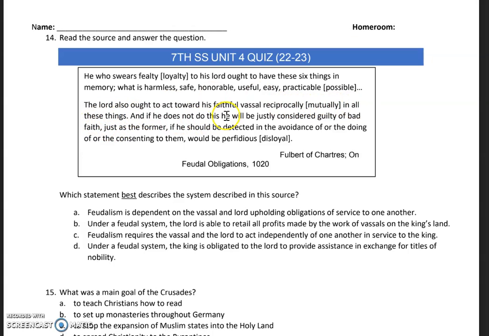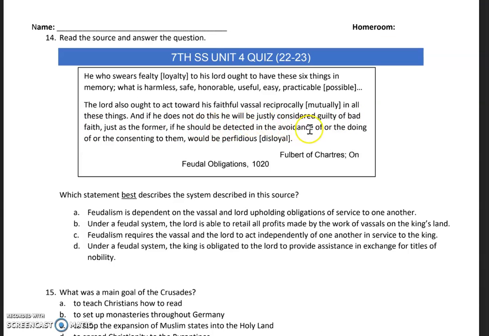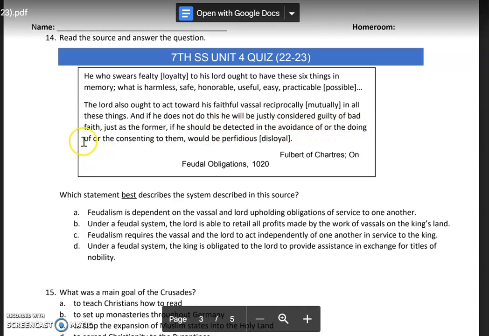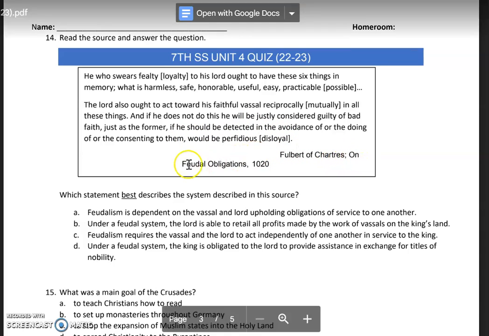And if he does not do this, he will be justly considered guilty of bad faith, just as the former, if he should be detected in the avoidance of, or the doing of, or the consenting to them, would be perfidious or disloyal. Fulbert of Chartres on Feudal Obligations, 1020.